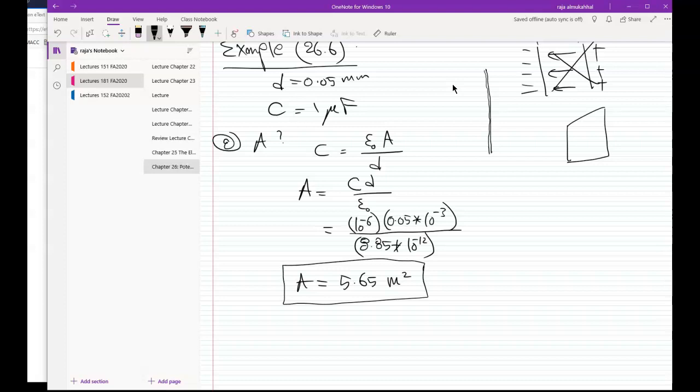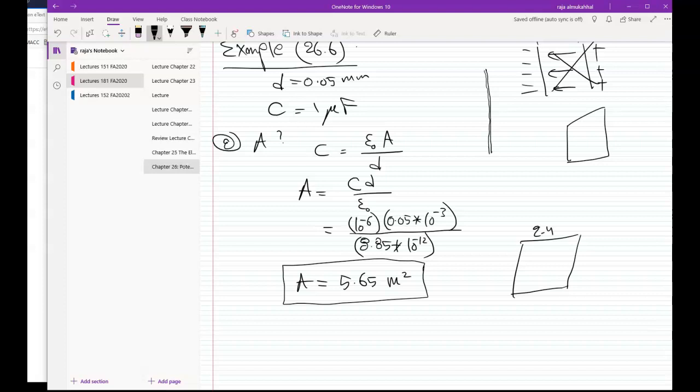Is this a large number? Look at the area. Let me give you a feel for this number. Imagine this is an area of a square. That means the side of the square will be the square root of this number. So the square root of 5.65 is roughly 2.4.